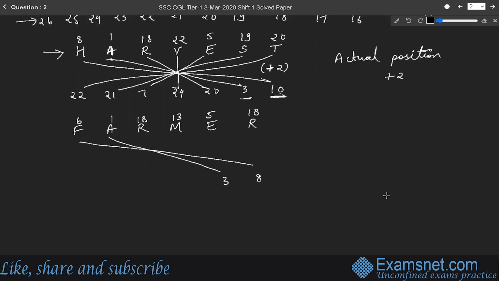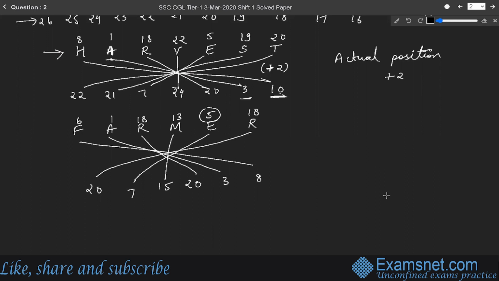Then 18. 18 plus 2 will be 20. So here will be 20. Then 13. 13 plus 2 will be 15. Then there is 5. 5 plus 2 gives 7. And the last number is 18. 18 plus 2 gives 20.